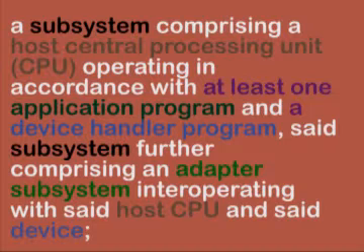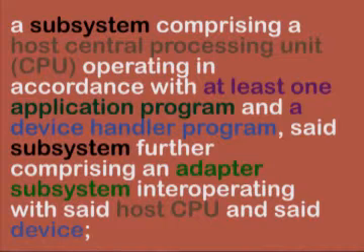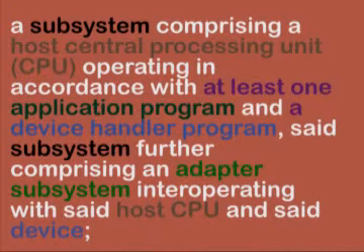So, a subsystem comprising a host central processing unit operating in accordance with at least one application program and a device handler program. So we have the CPU, which it's probably easier to think of as a computer or a processor, the main part of the unit, and it's operating in accordance with at least one application program and a device handler program.